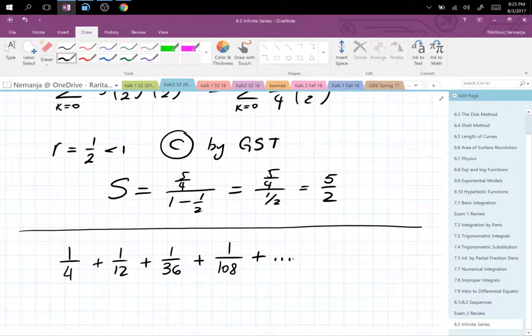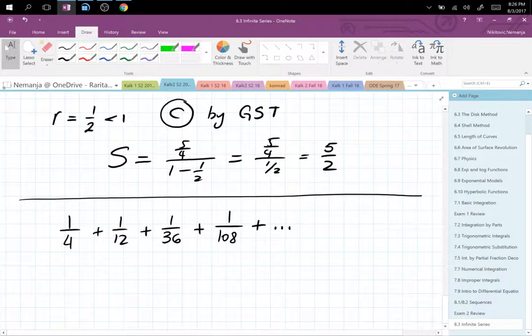So how would you go about figuring out the formula for this? Because we need to put it in a summation form, right? Is there anything that we can do?